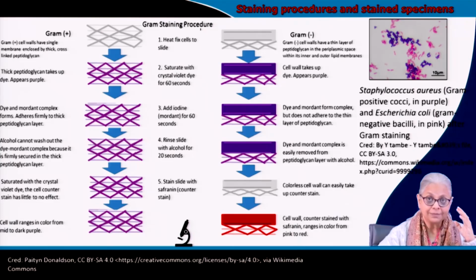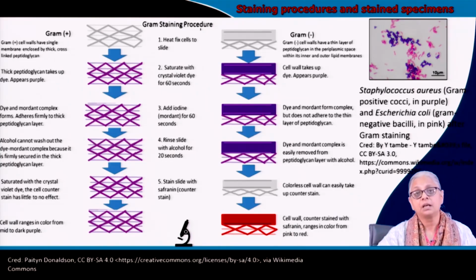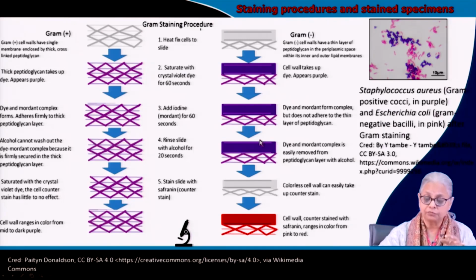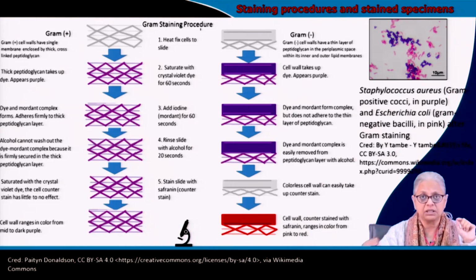So it is the loss of the outer membrane by alcohol that causes decolorization of these gram-negative cells. The thin layer of peptidoglycan will retain some of the crystal violet iodine complex, but not sufficient to be visible, because it's a very thin layer, almost a monolayer. So this is practically colorless, and it cannot be seen.